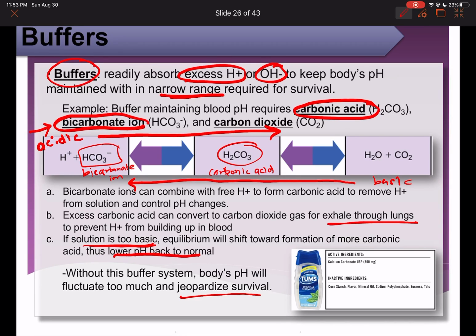can neutralize acid if you remember what Tums do. If you've ever had heartburn, you may remember they recommend taking a tablet of Tums. One experiences heartburn because stomach acid is traveling upwards into your esophagus.